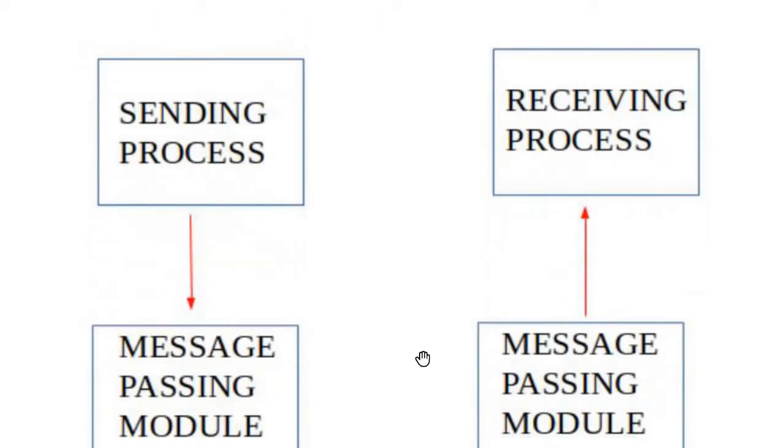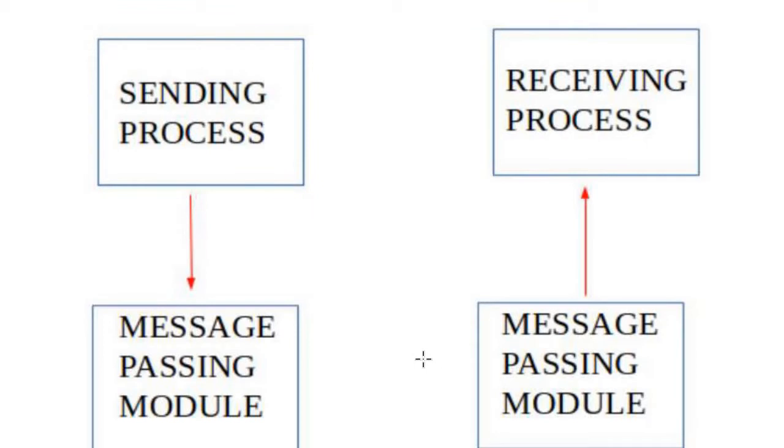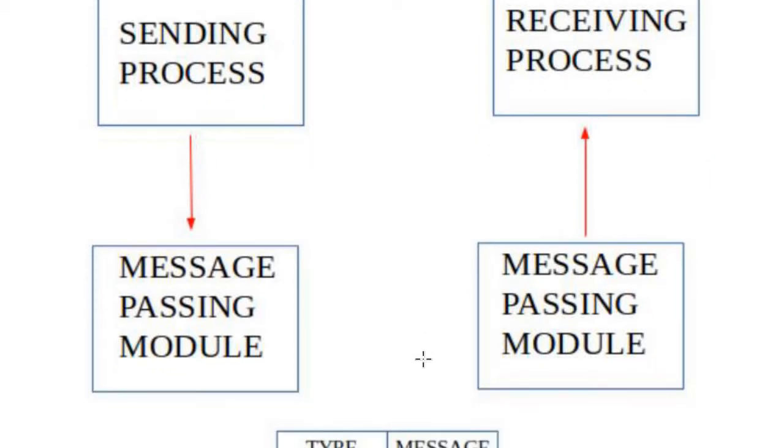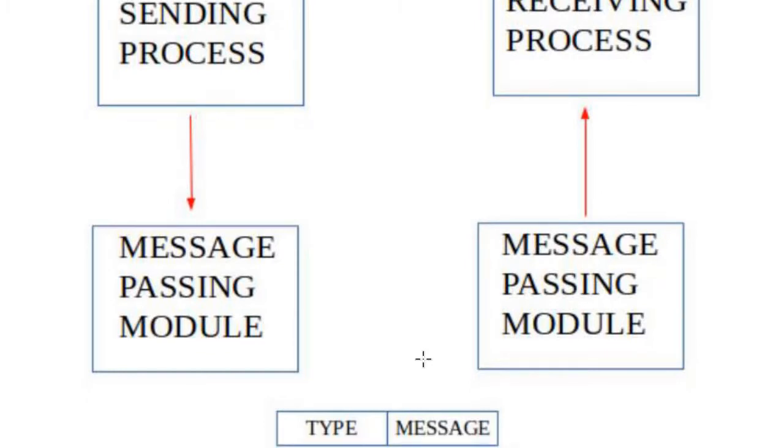Next is how this message queue works. This is the diagram which tells that, as we have seen in the earlier diagram, there is a sending process, then we have a receiving process.